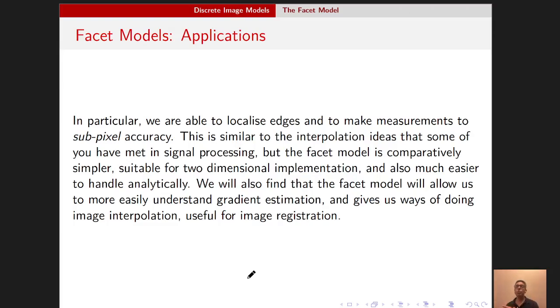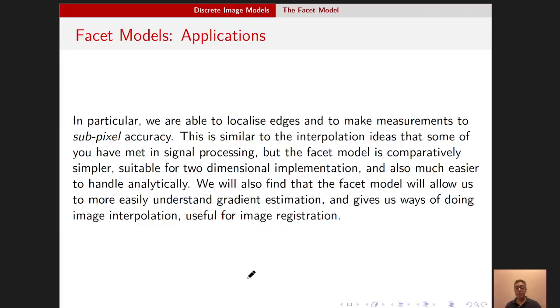However, you can also use other types of facet model, whereby rather than modeling the rate of change of intensity over space by a linear function, you model the intensity variation over space using a quadratic function.